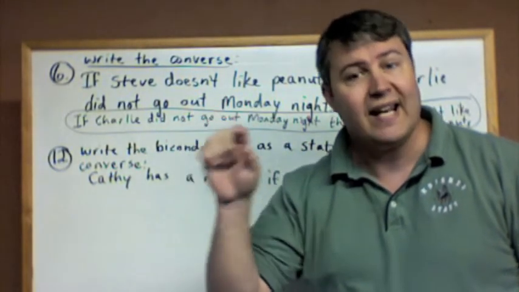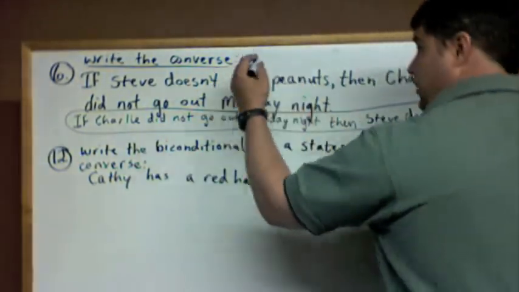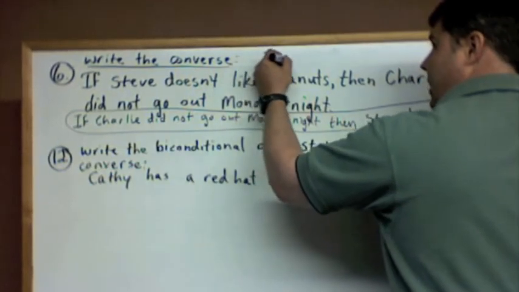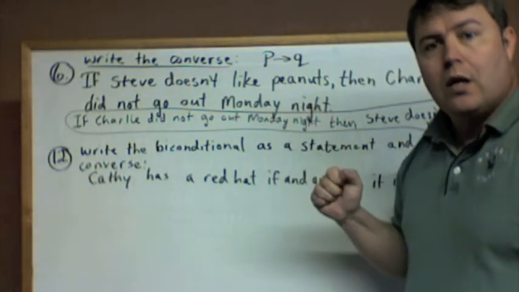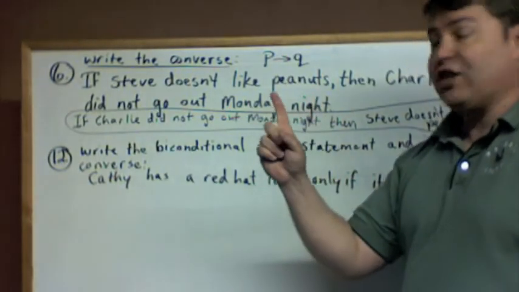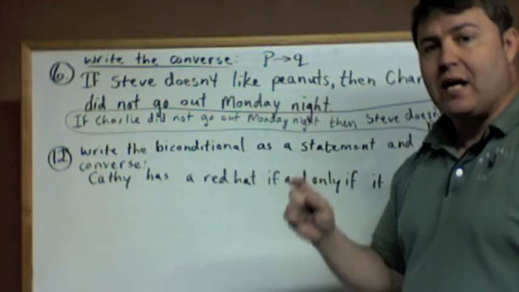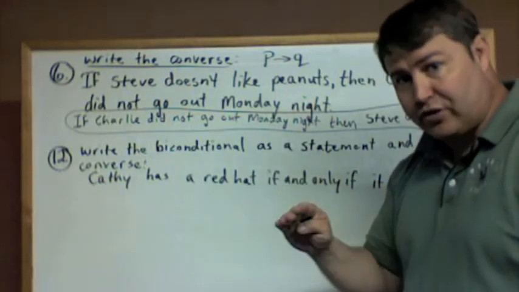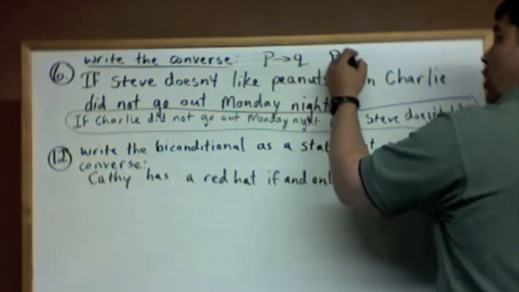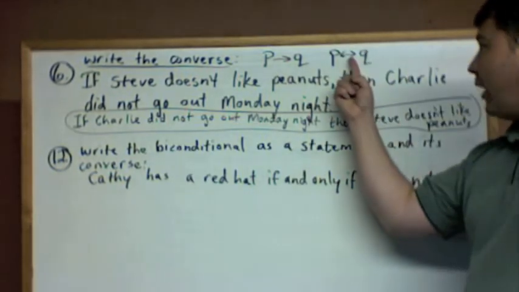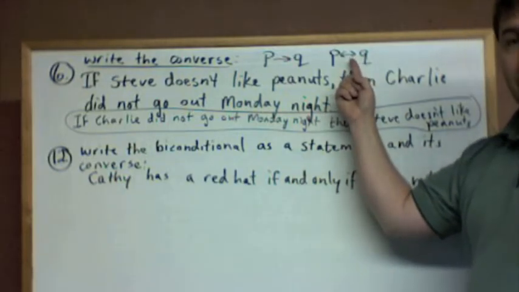We said a conditional was if P then Q, and we would denote that by P arrow Q, and we would say P implies Q. On an if and only if, it's true that P implies Q, and it's also true that Q implies P. The statement and its converse are both true. We denote that like this, P double arrow Q, and that double arrow is read as if and only if. That is called a biconditional statement.